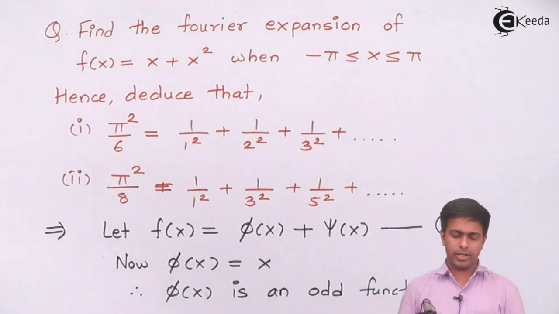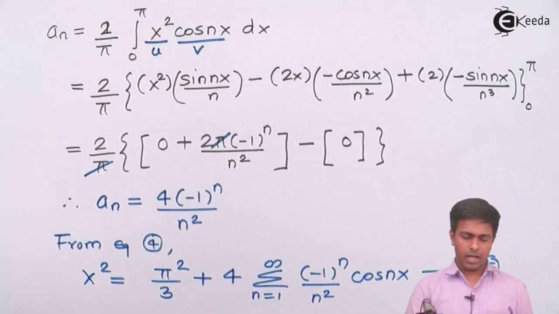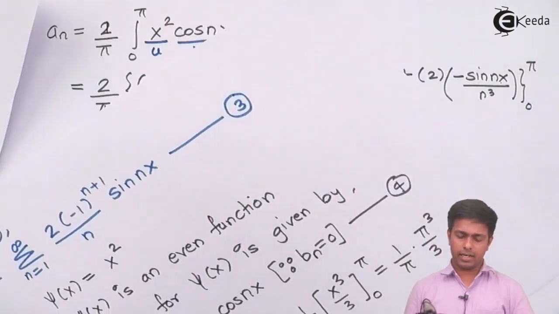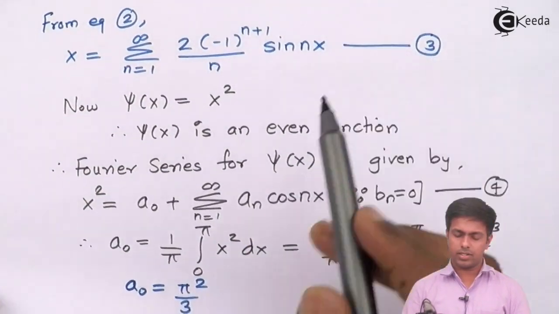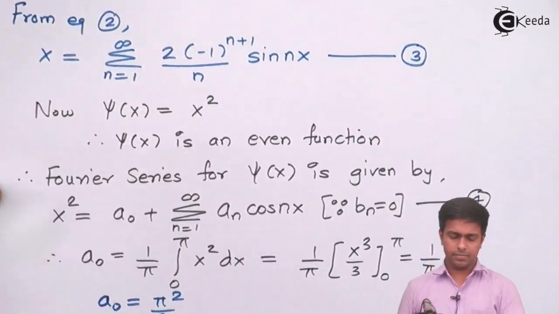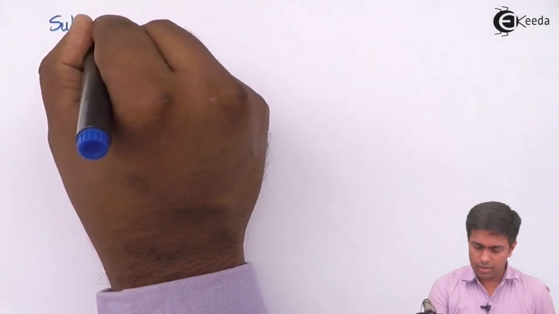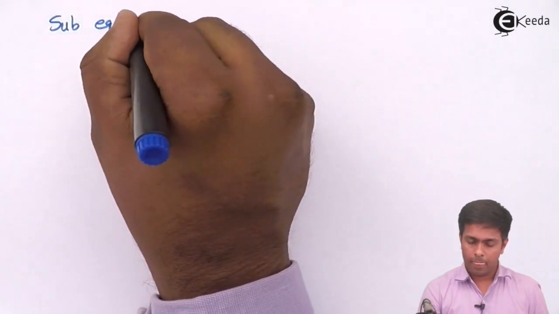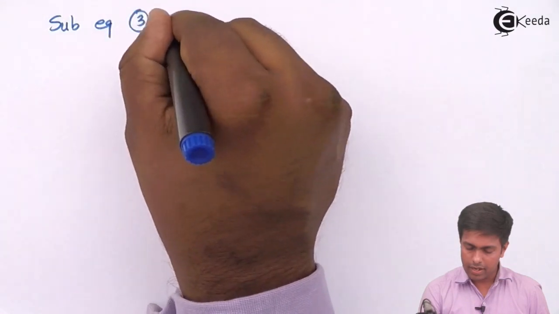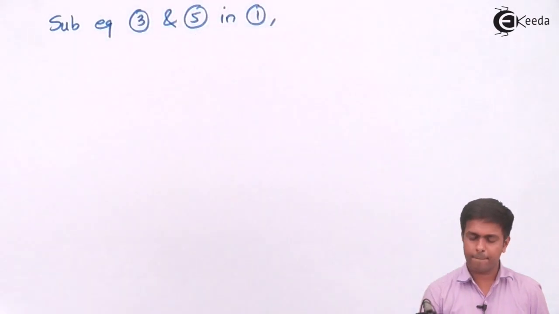So let's put equation number 5 and equation number 3, that is the Fourier series for these, in equation number 1. So substituting equation number 3 and 5 in 1.